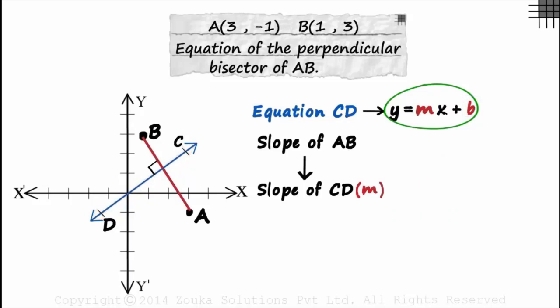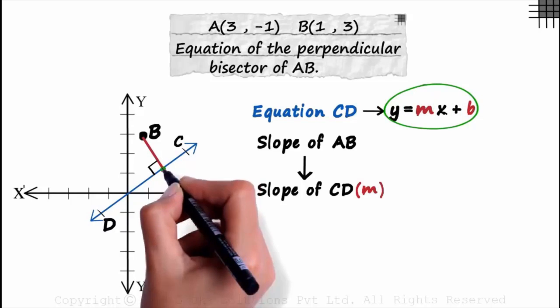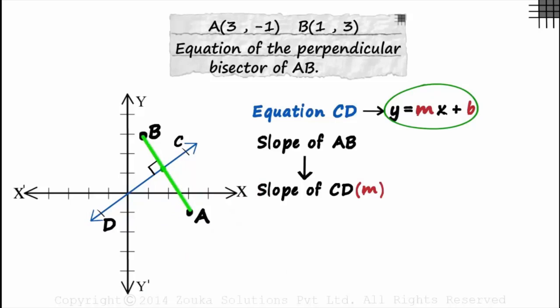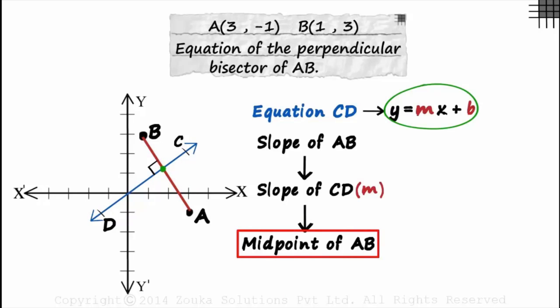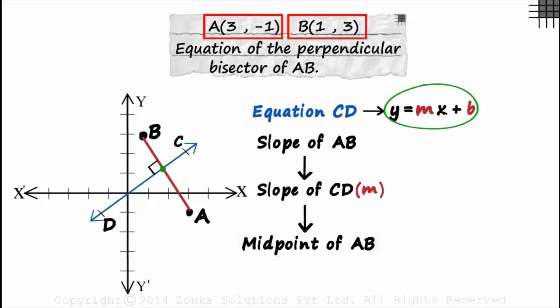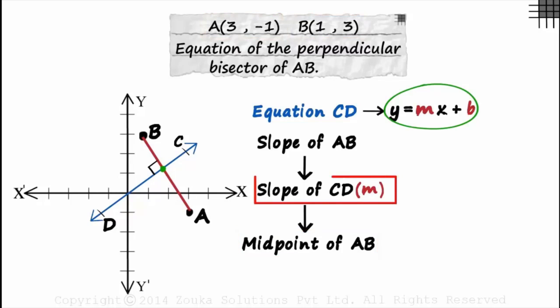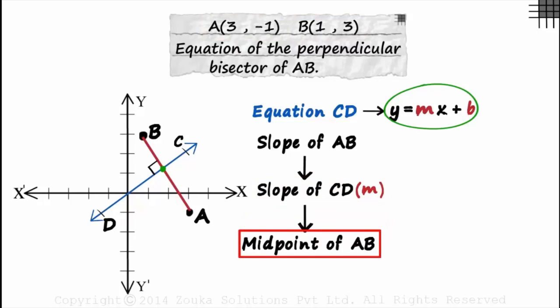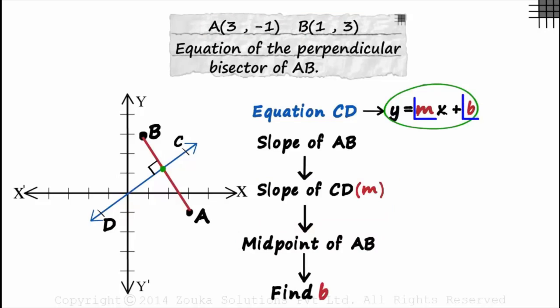After we find the slope of CD, we can find the value of y and x through the midpoint of AB. Why do we need the midpoint of AB? Because CD bisects AB, which means CD cuts AB into two equal lines.